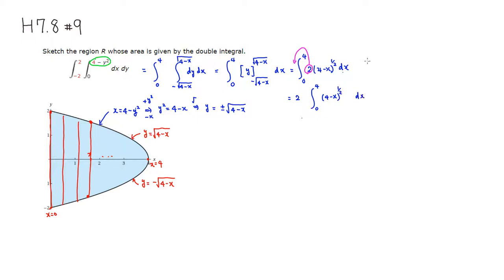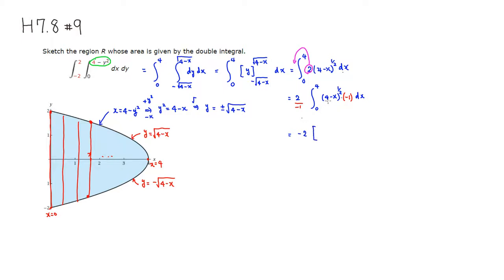Then look at the inside function, which is 4 minus x. Its derivative is negative 1. It would be nice to have a negative 1 sitting here, but it's not there. So I'll multiply by negative 1 and divide by negative 1. What you get is negative 2.